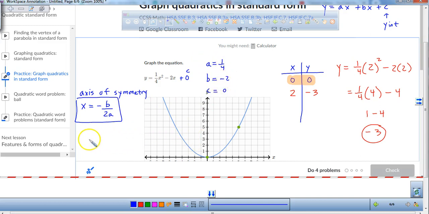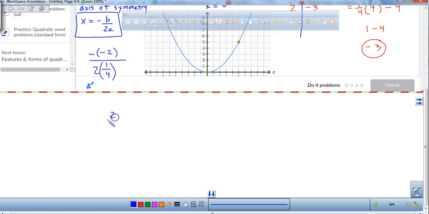So here we go. Negative our b value, which is negative 2, over 2 times our a value, which is 1/4. Now a negative times a negative is a positive, so put 2.